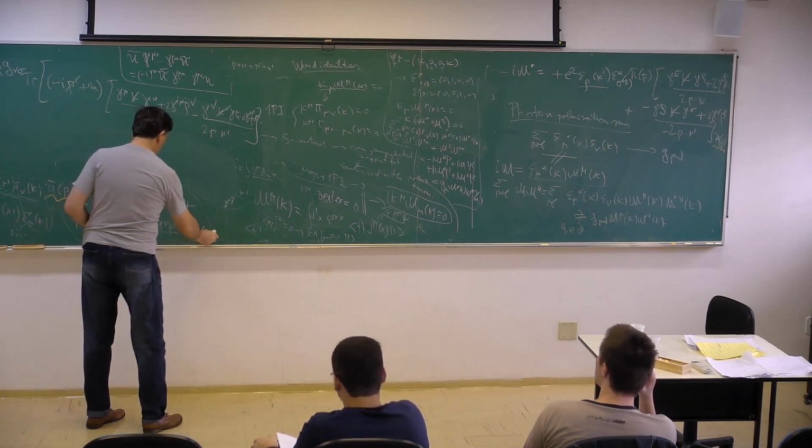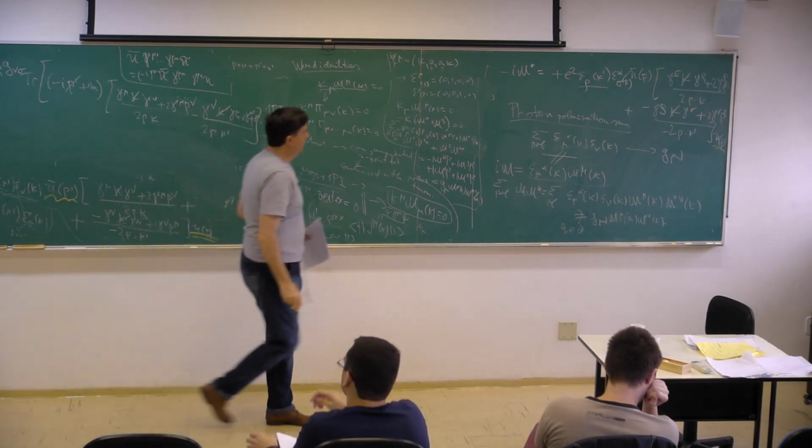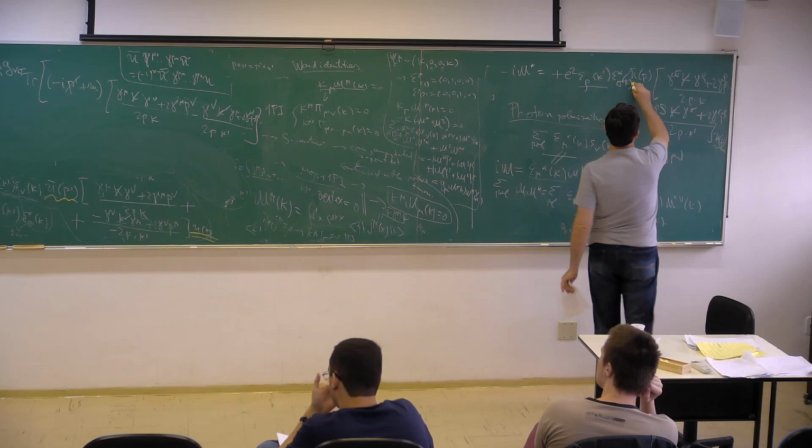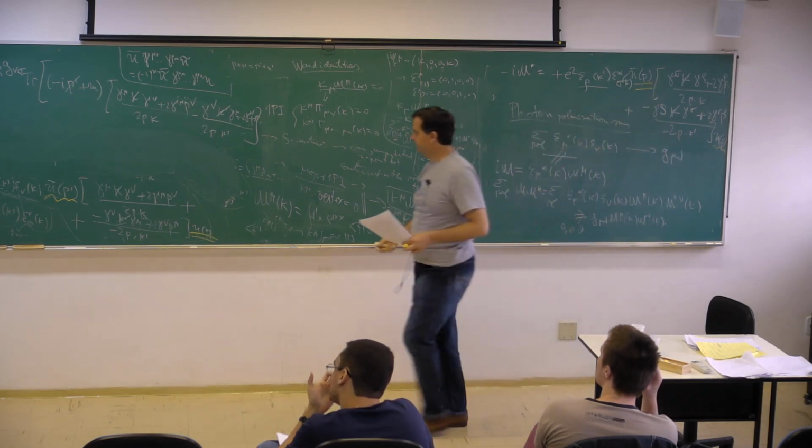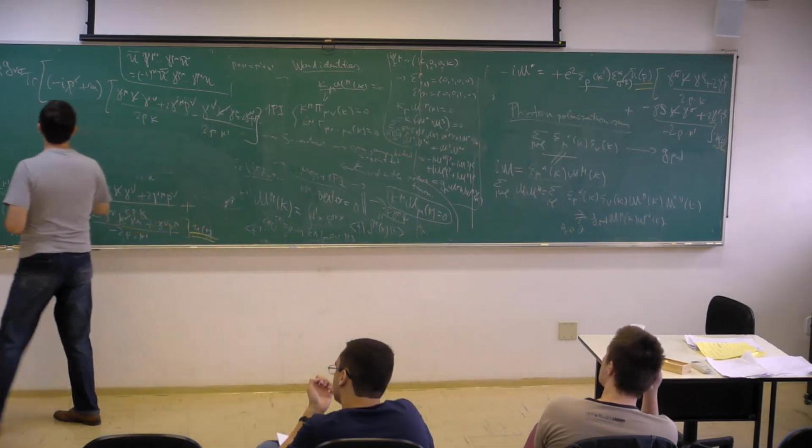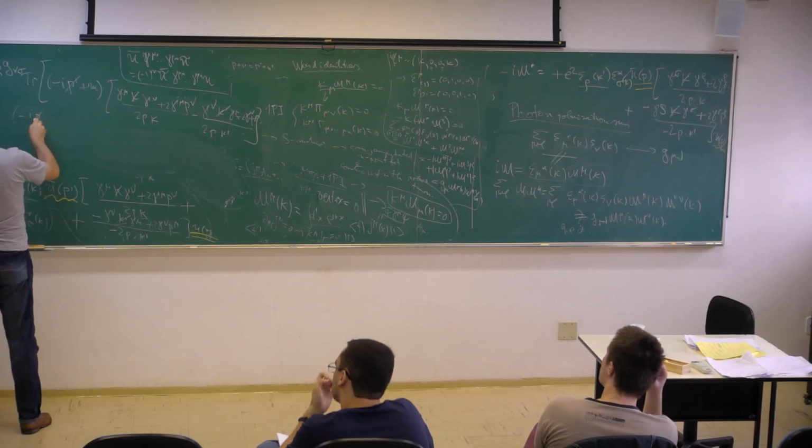Then u of p and u bar of p. This gives minus i p slash plus m.